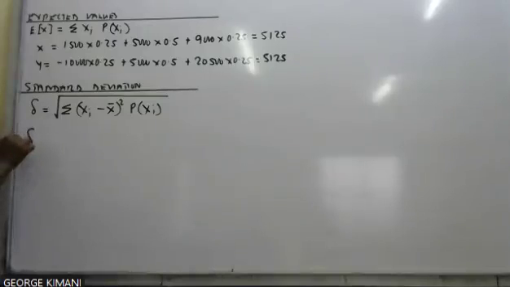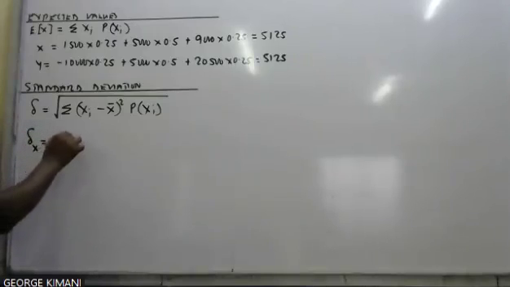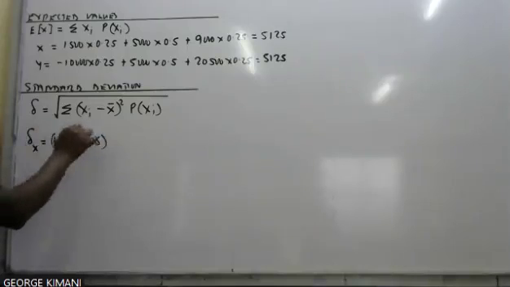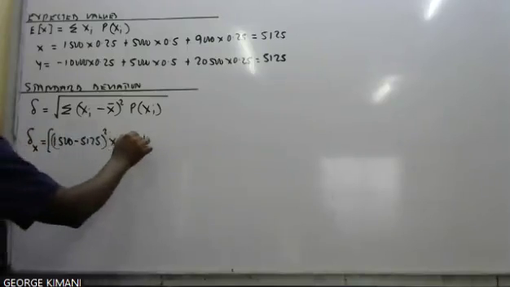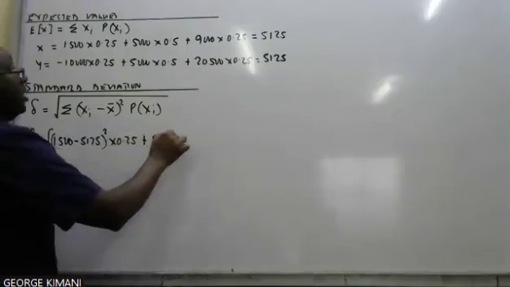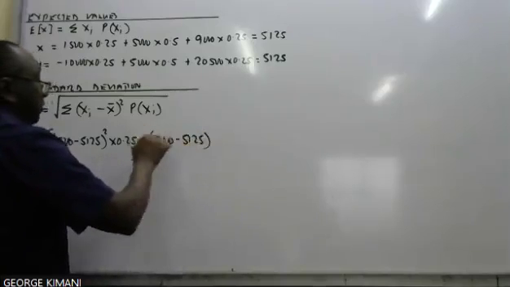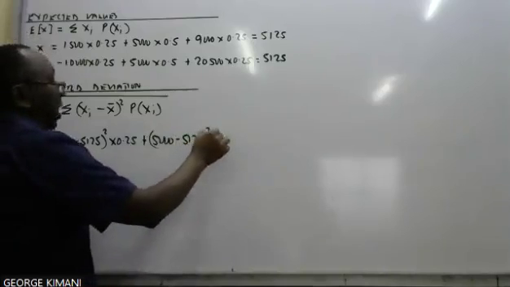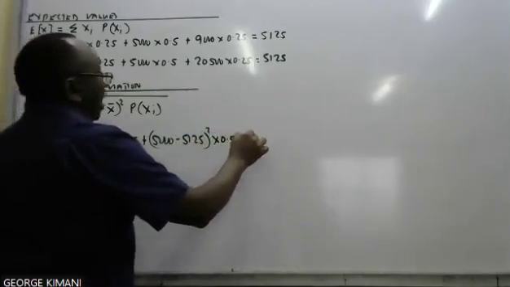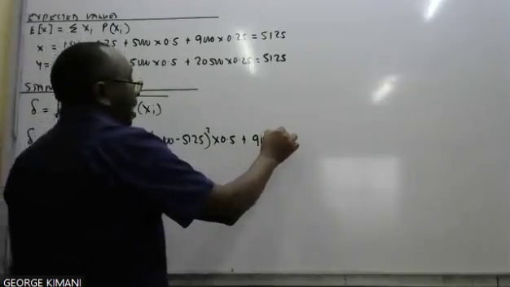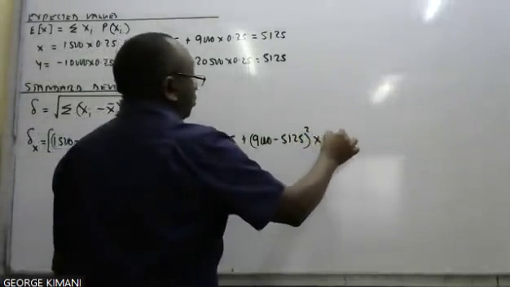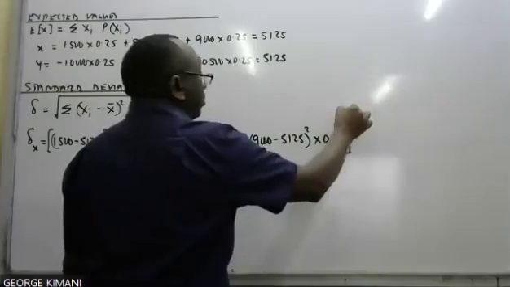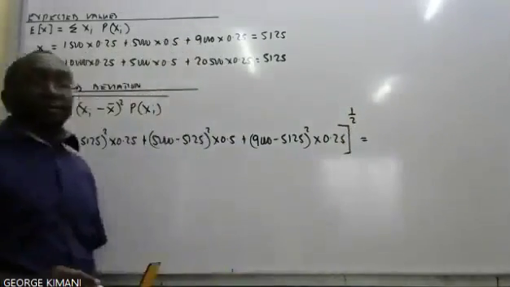So for X, the standard deviation will be 1500 minus 5125, squared and multiplied by 0.25, plus 5000 minus 5125, squared, multiplied by 0.5, plus 9000 minus 5125, squared, multiplied by 0.25. Then the whole of this, you get the square root, or you raise to power half.